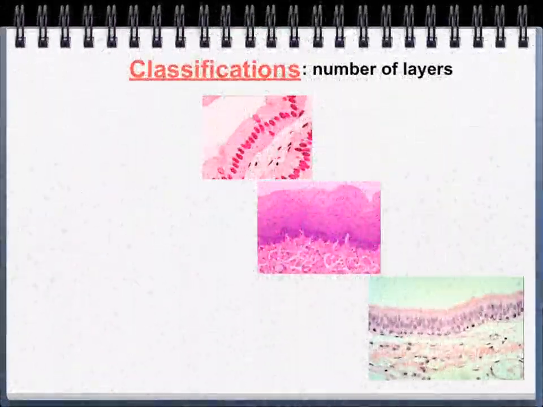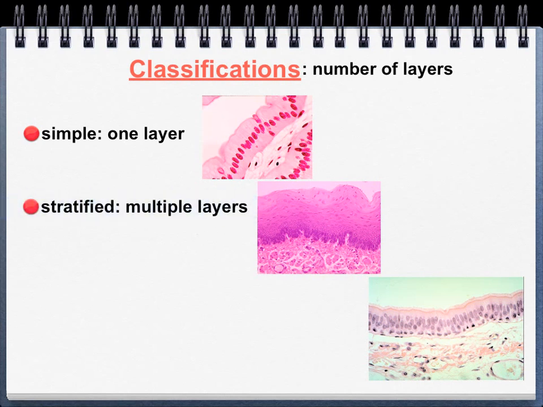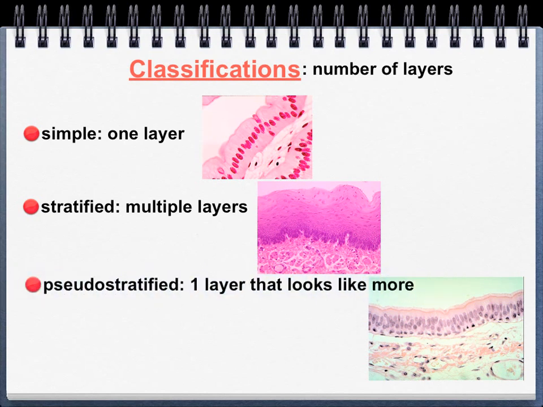All right, an epithelial can also be characterized or classified by the number of layers of cells. If there's only one layer of cells, it's called simple. Easy enough to remember. If there are multiple layers of cells, it's called stratified. And there's this other thing called pseudo-stratified. Pseudo meaning not really, pretending, not exactly.